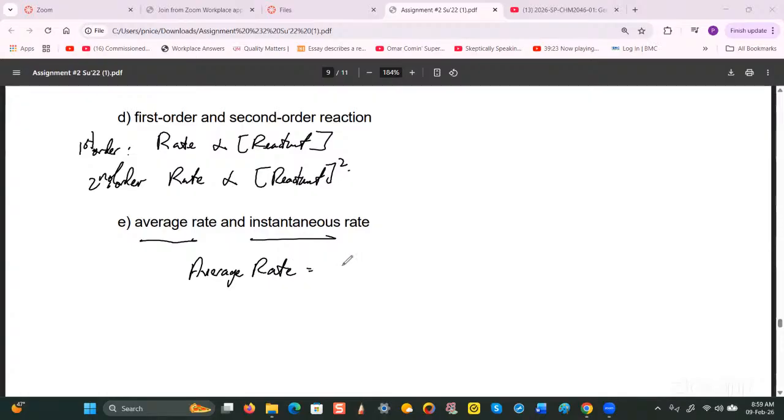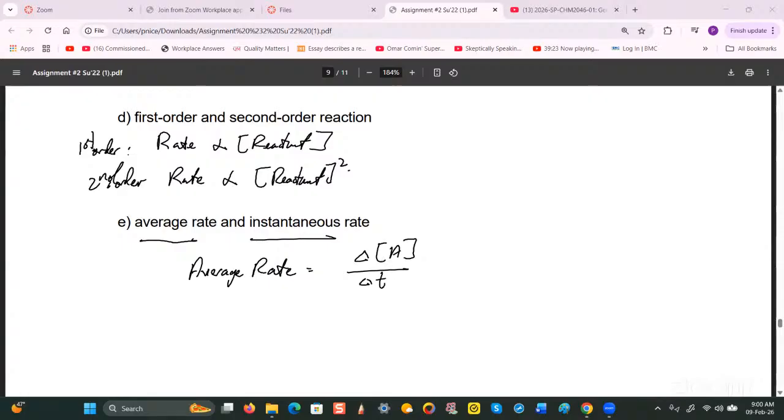Well, actually, it's the change in the concentration of reactant. In fact, let me make it simpler here. The average rate is the change in the concentration of either the reactant or product, it depends, divided by the change in time.